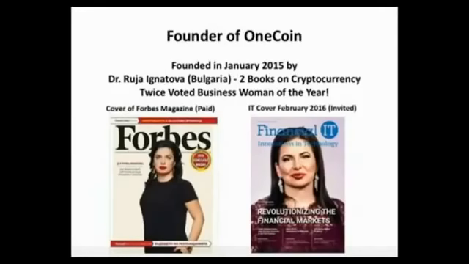She's written 2 books on cryptocurrency, and she says in one of her videos that she sat down with 2 friends and developed this company, and started this company at the beginning of January 2015 last year. She's been voted Businesswoman of the Year twice in Bulgaria. And she's been on the cover of a Forbes magazine where she paid to be on the cover.